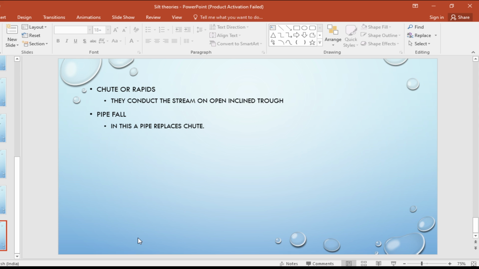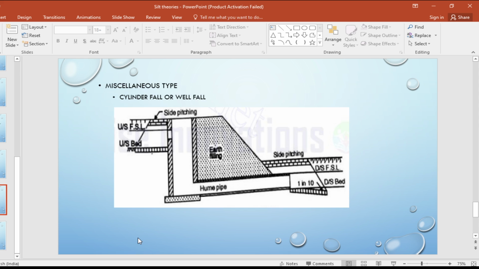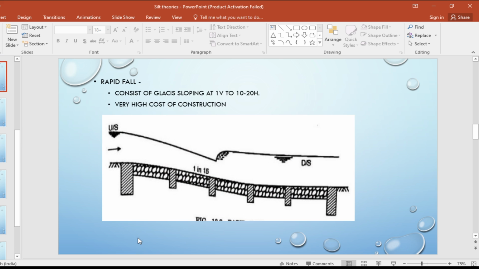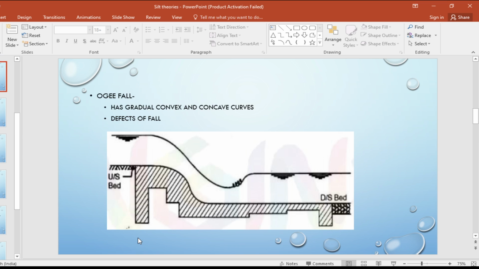And again the classification: falls are classified into four classes: class 1, class 2, class 3, and class 4. Class 1 is falls designed to maintain the depth discharge relation.